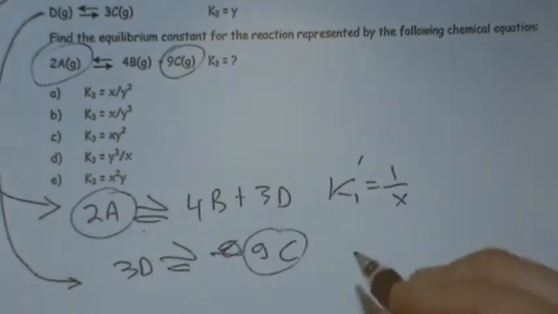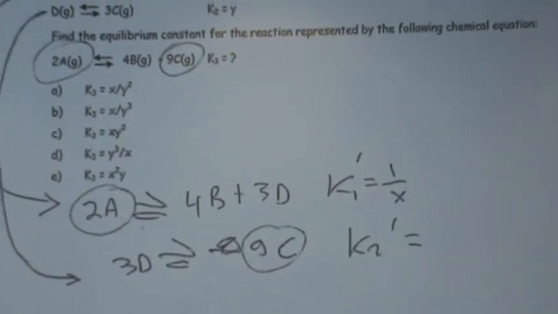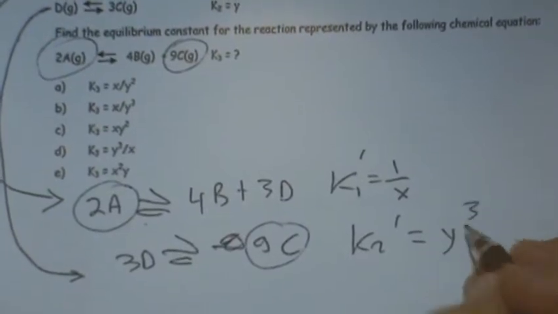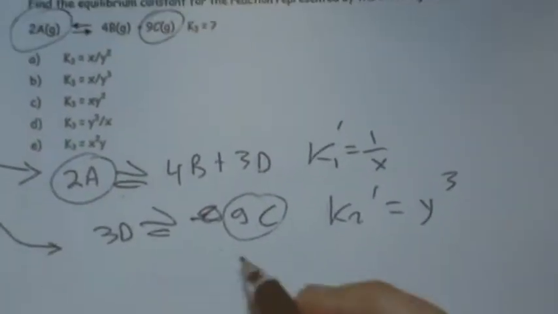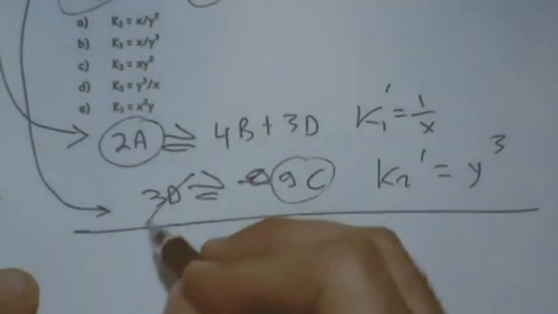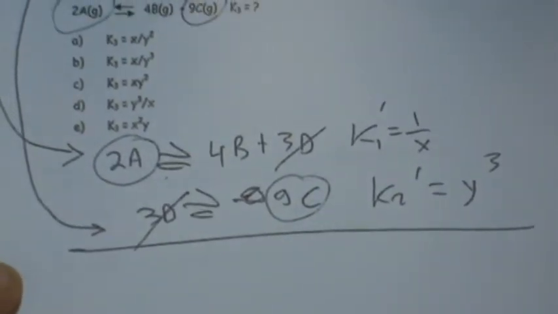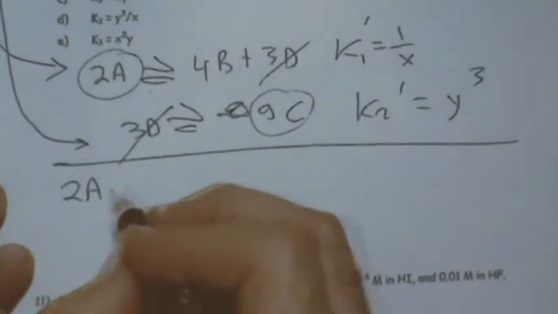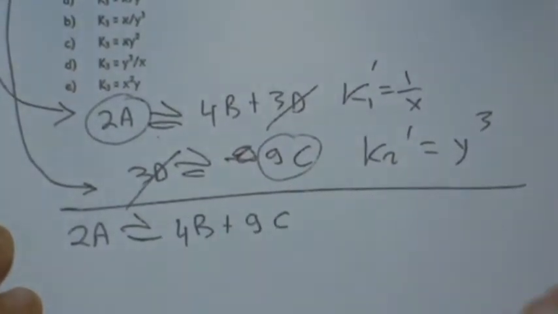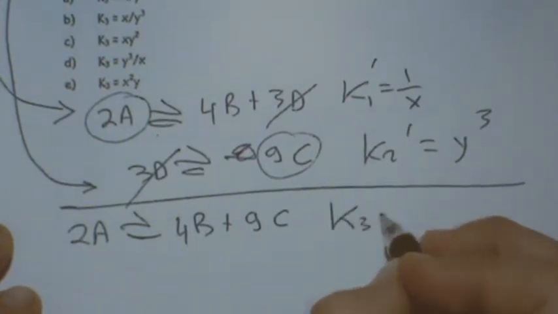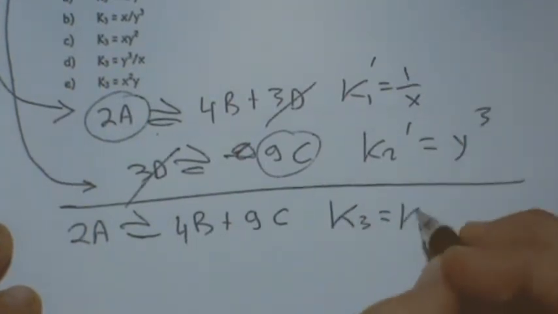Right? So K2 prime is going to be equal to what? y to the cube, right? If you multiply the equation by 3, you raise the equilibrium constant to the power of 3. So let's add now and see what will happen. 3D, 3D goes away, and voila, 2A gives you 4B plus 9C, and the new equilibrium constant K3 is going to be the product of these two equilibrium constants.